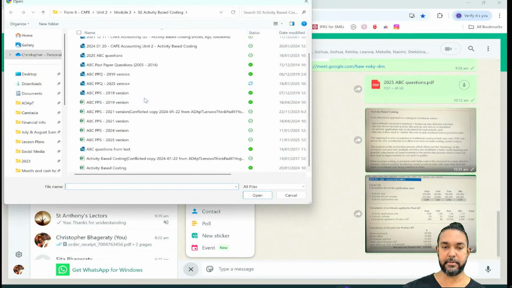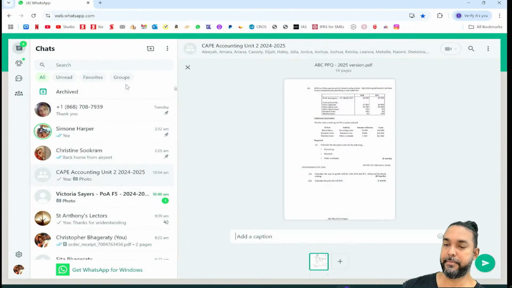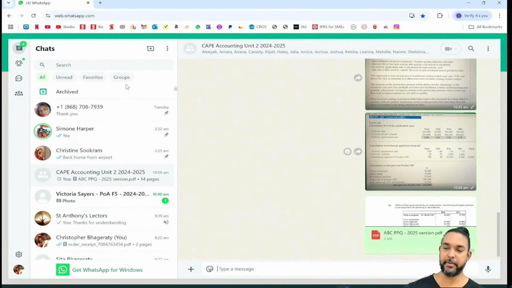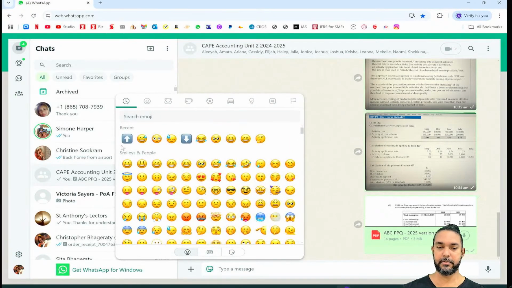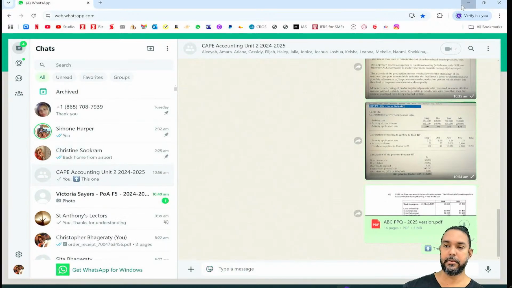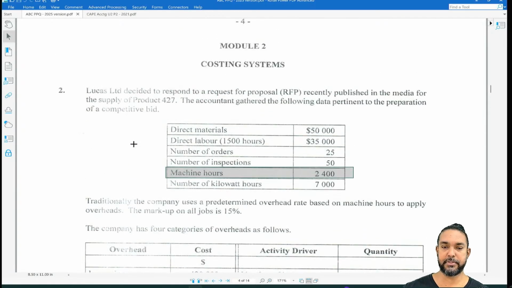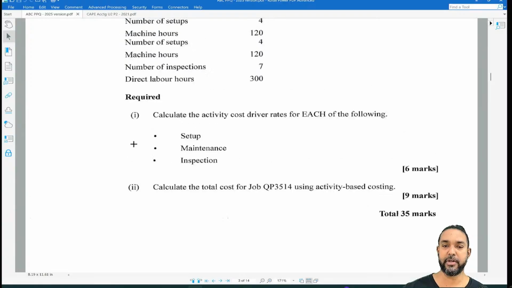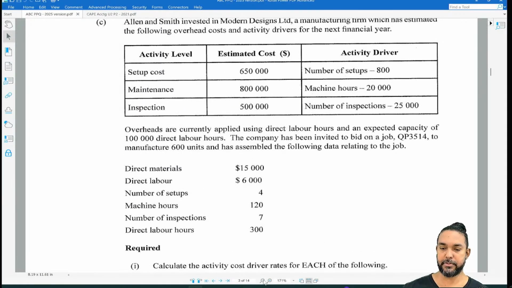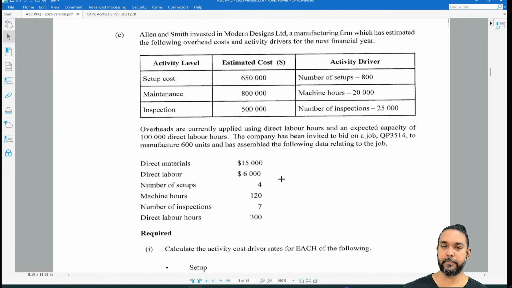All right, ABC PPQ, past paper questions, 2025 version, right? Okay, yeah, so this one. All right, cool. So let's go up to 2022, shall we? Let's zoom out a little bit so we could probably see more, right?